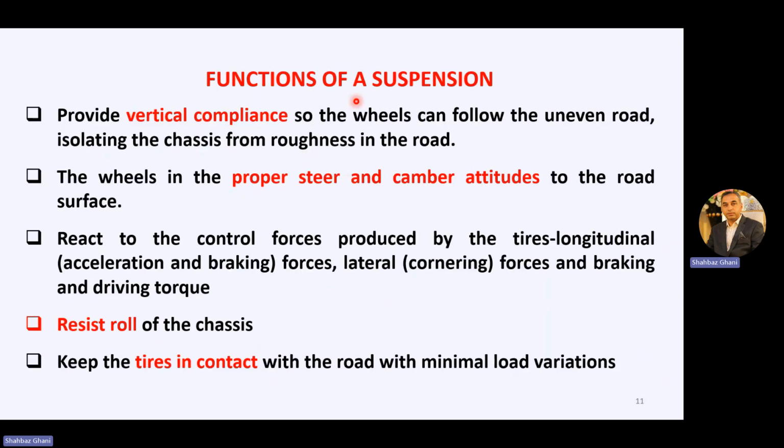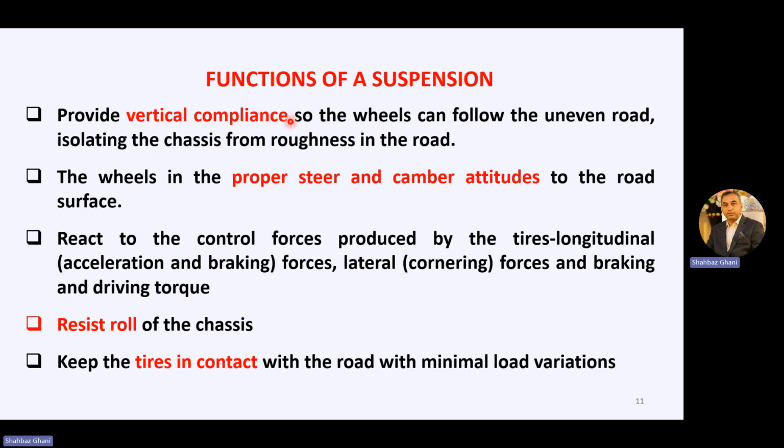Now the functions of a suspension system: it provides vertical compliance so the wheels can follow the uneven road, isolating the chassis from the roughness in the road. As I have explained, your wheel is moving up and down on the uneven road, so it isolates the chassis from the roughness in the road.